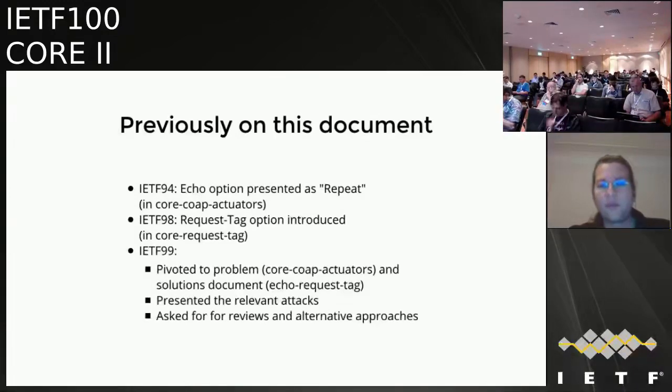In Prague, we pivoted them to be one document about the options and one about the problem statement and the possible attacks that need to be taken into consideration, and presented the relevant attacks there and how those options can be used in a setup where the device is, as we're used to it, very constrained, maybe doesn't have a clock, and asked for alternative approaches back then. Slide, please.